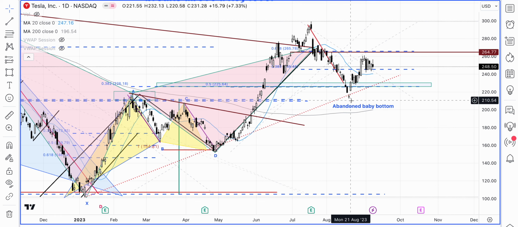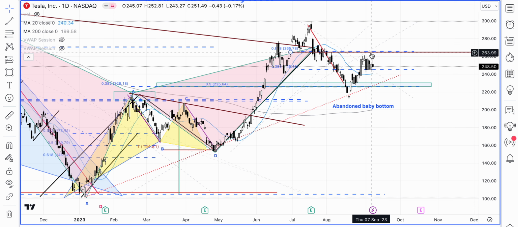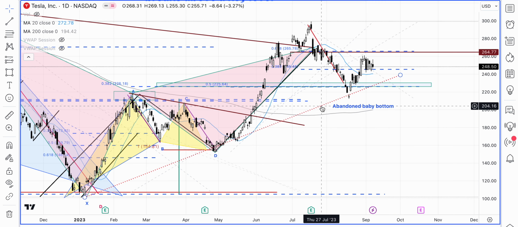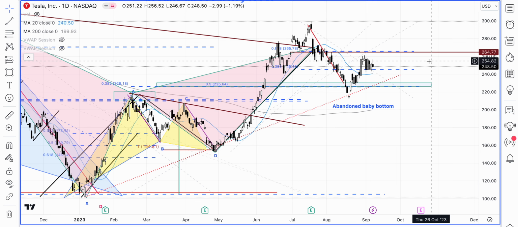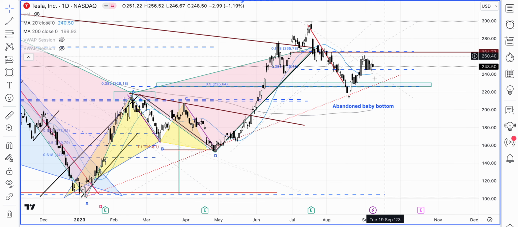If this low is taken out, then we might be looking at an A, B, C, D pattern to the downside. However, we have this support line coming here, this trend line coming around here, and we have this apparent baby bottom as well.